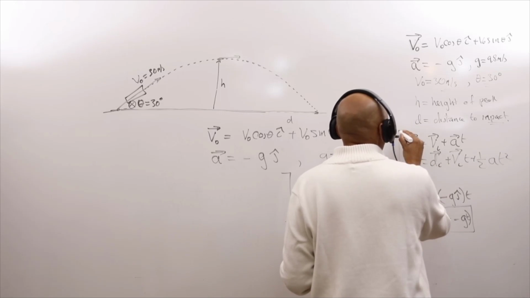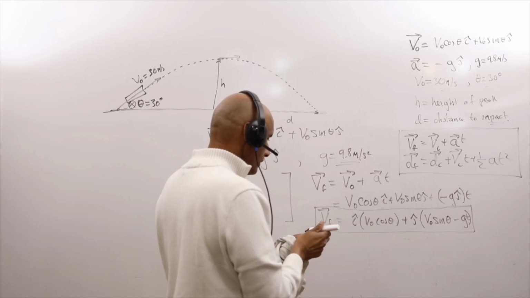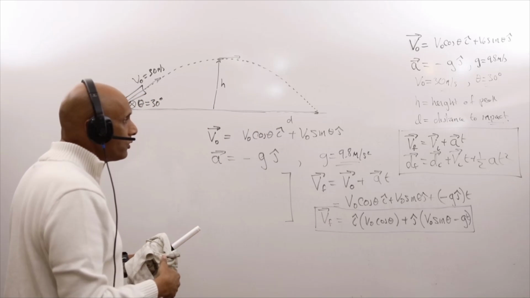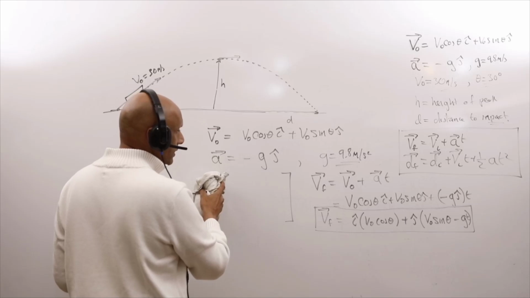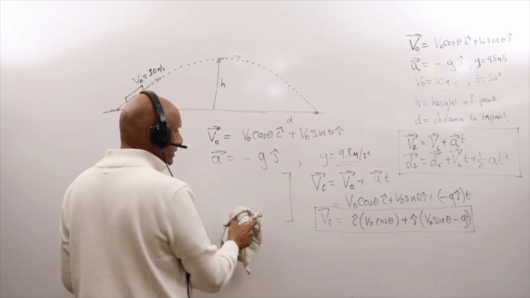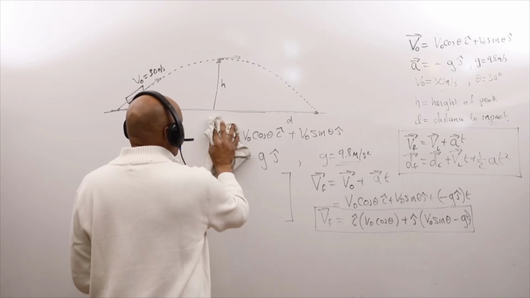So these are the standard equations that you're going to see constantly over and over again in terms of vectors. These are the two vector equations you must know. So let me erase everything else. I don't think I need anything else. I've written down everything except the V final, so I'll keep that in mind.